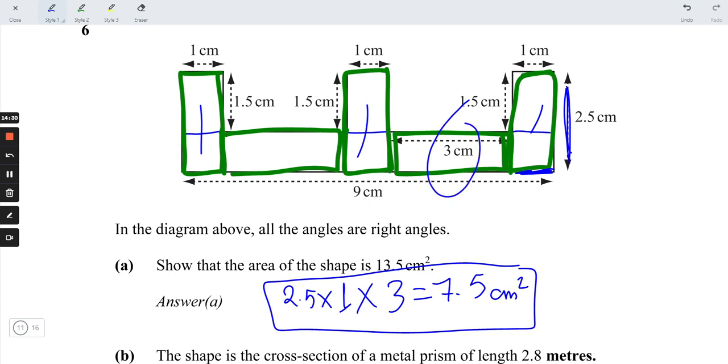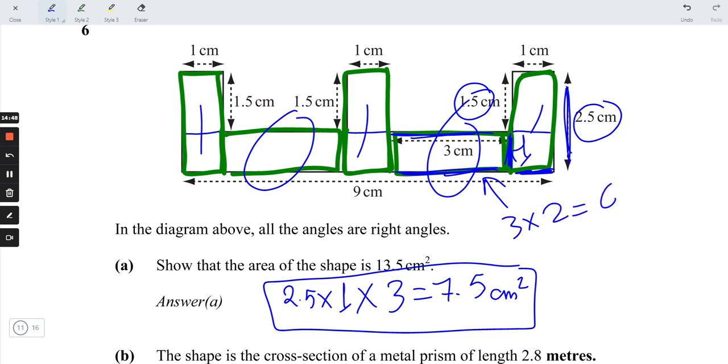For these rectangles here, we have 3 centimeters, and here for sure we'll have 2.5 minus 1.5, which is 1. So the area is 3 times 1, which is 3, and times 2, you will get 6 centimeters squared.